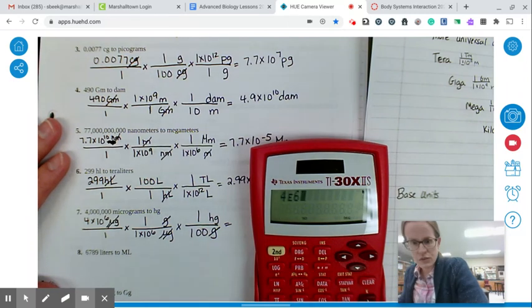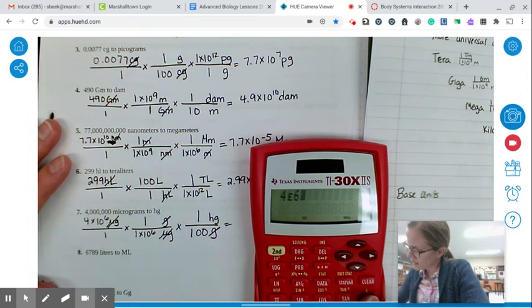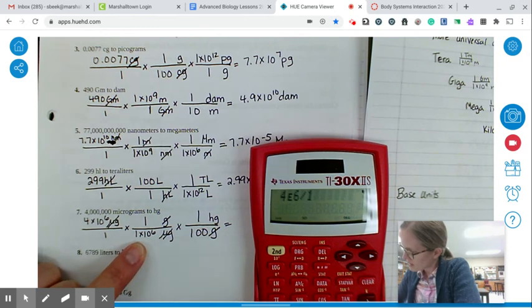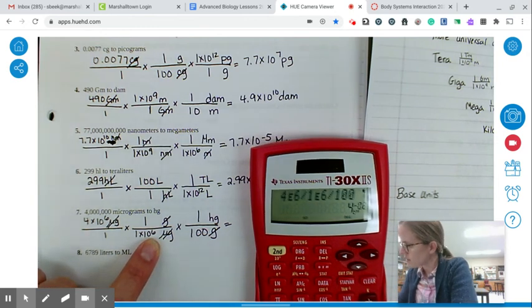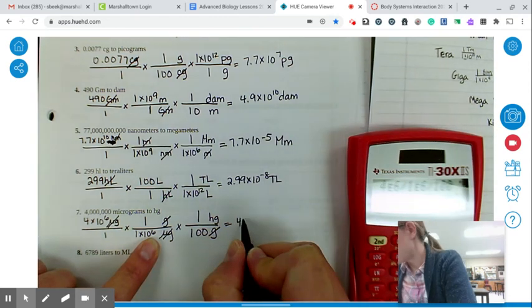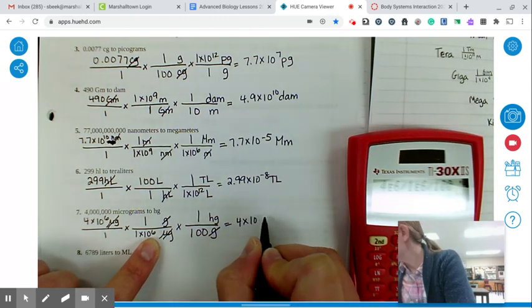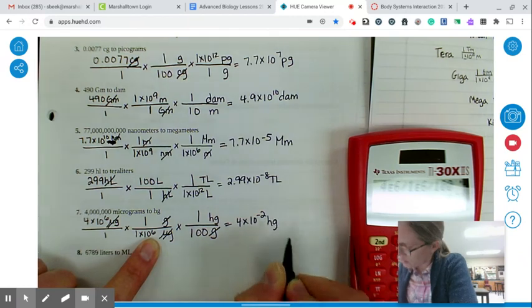I got 4 EE6 divided by 1 EE6 divided by 100. And that gives me 4 times 10 to the negative 2 hectograms.